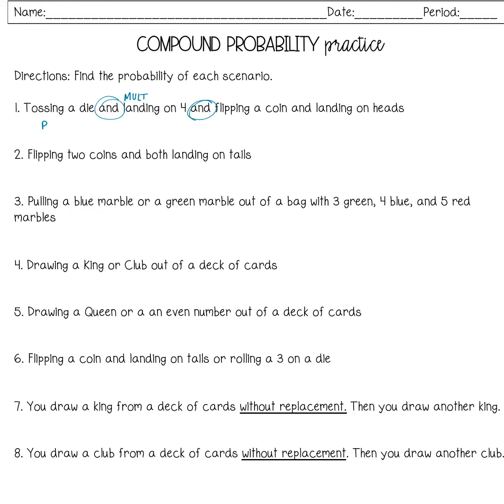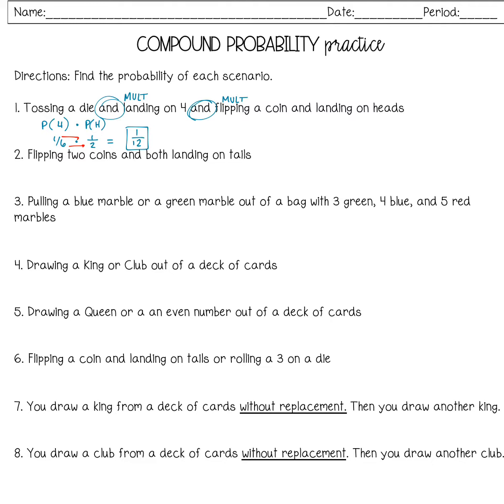Look at that. So "and" means multiply. So probability of a 4 times the probability of heads. So probability of 4 is 1 out of 6. Probability of heads is 1 out of 2. We multiply straight across the top, straight across the bottom. We get 1/12.